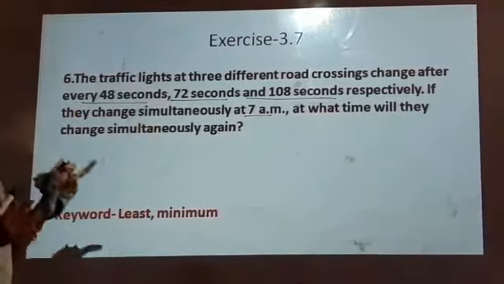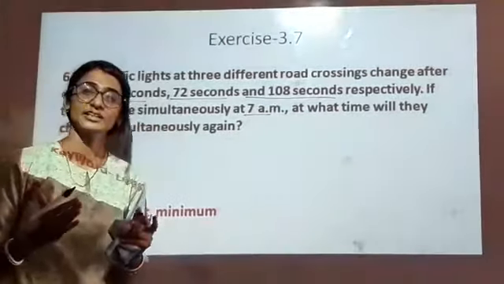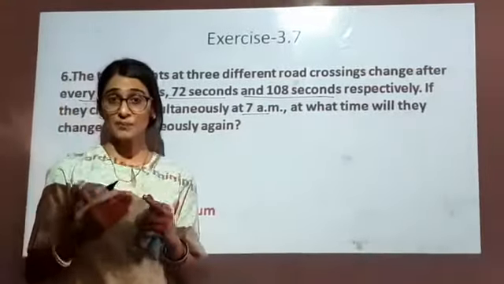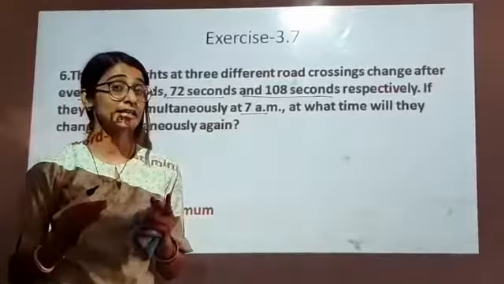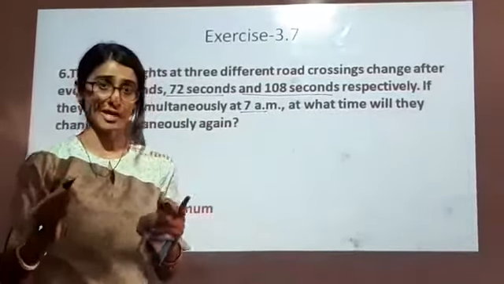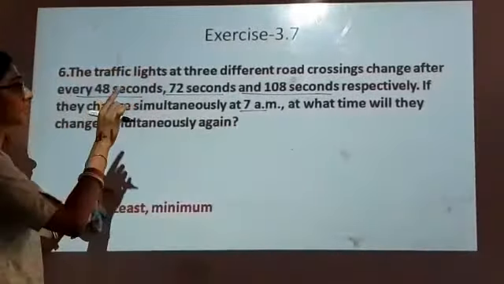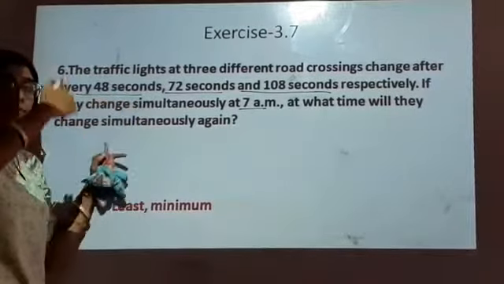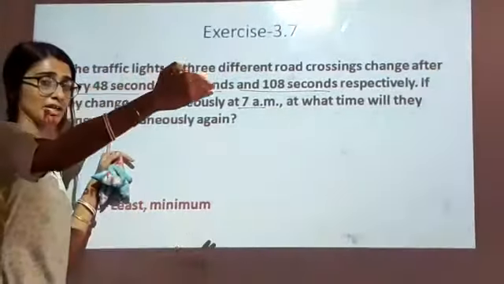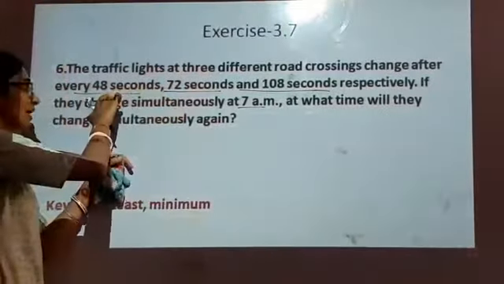So again, as in the previous example I told you, when something is happening in multiples of some number, you have to find their LCM, lowest common multiple. Suppose the street light changes after every 48 seconds, so multiples of 48 seconds, then again multiply 48 by 3.